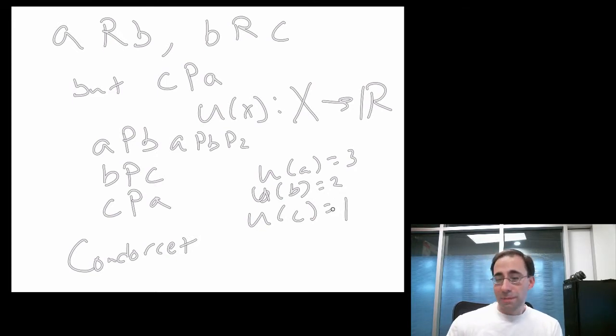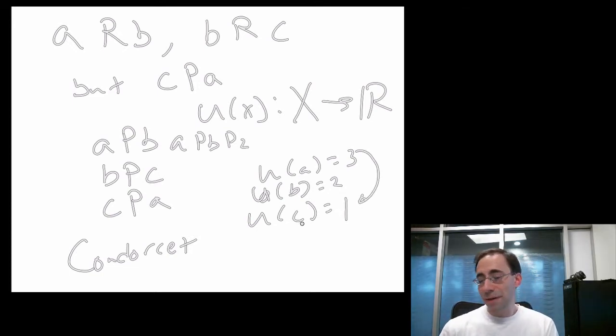Note that numbers are transitive, so 3 is better than 1. I can't have C be better than A if I'm assigning numbers to them. Therefore, my preferences must be transitive if I want to assign utility functions to my preferences. Why might I want to do that? Because it's a lot easier to work with utilities. I can manipulate these functions, differentiate them, optimize them, than it is to figure out the optimal choice if all I have is a list of relations.